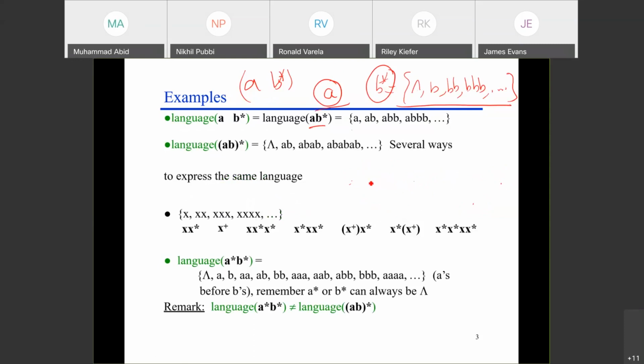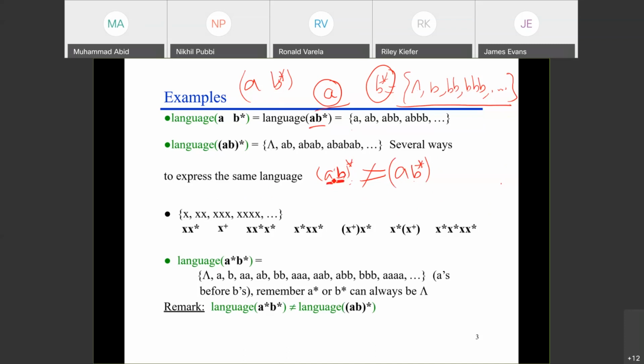So now we are saying that we have another language which is (AB)*, with the star outside. So what is this? When you have the star outside, this is not equal to AB*. This is different. It means this whole thing has a star.